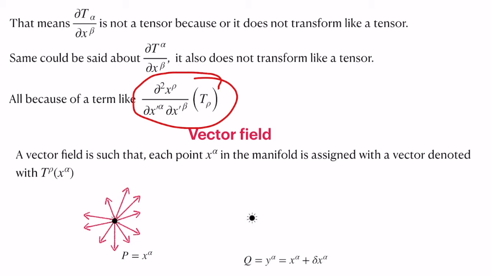Let's take another point q, which may be a neighboring point infinitesimally separated from the original point p, which also has various vectors around that point, which may be constructed either from the tangents of the curves going through that point or normals of various surfaces going through that point, depending on whether you want to construct a covariant tensor or a contravariant tensor. Each point defines a tangent space.